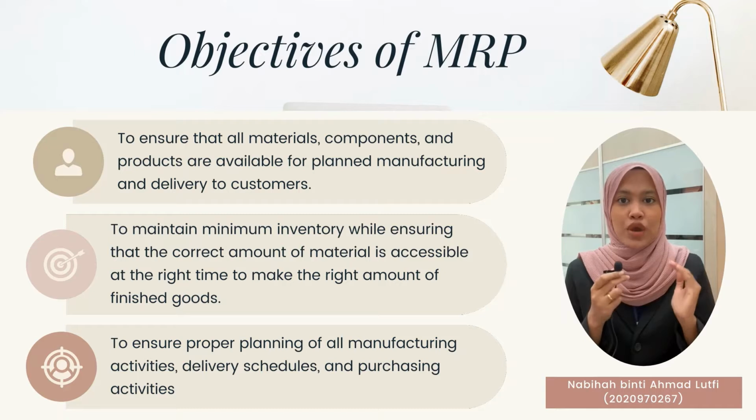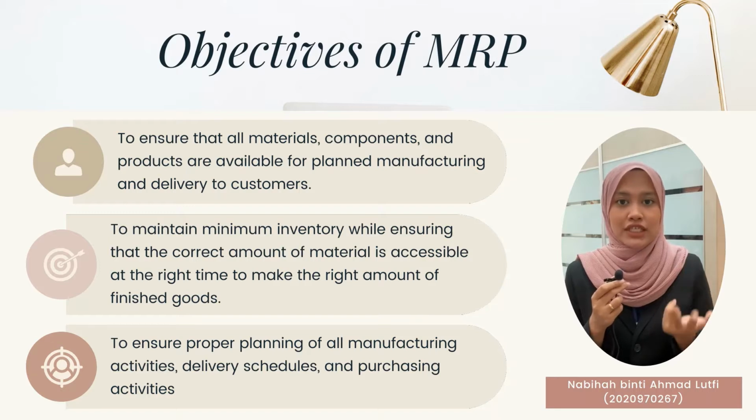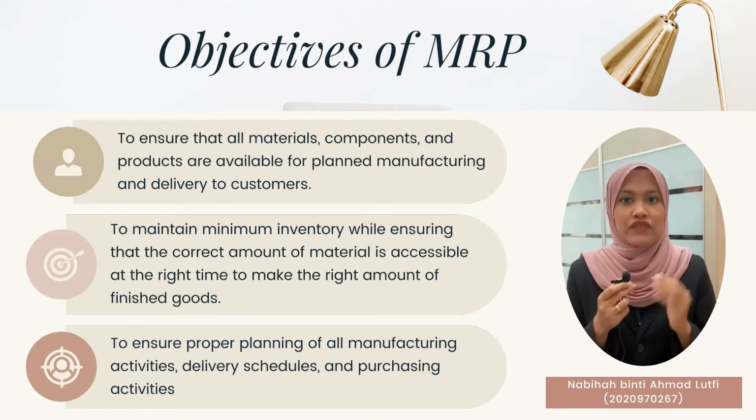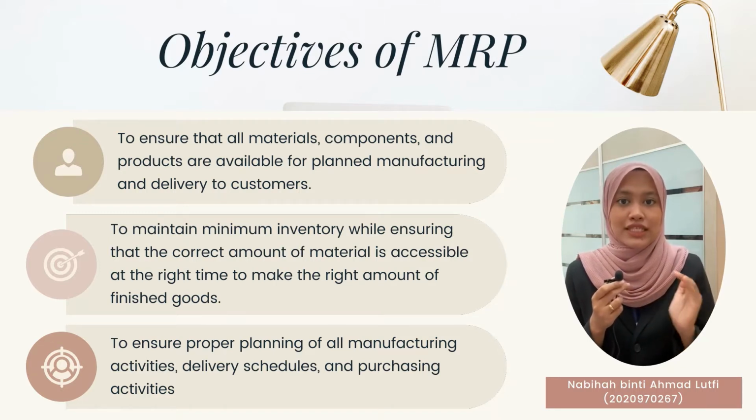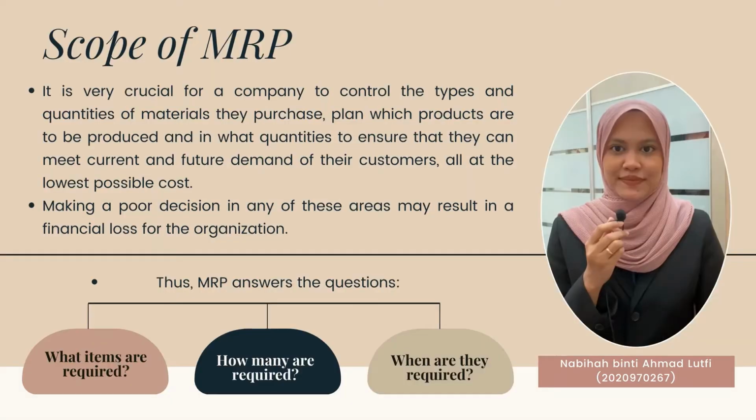And lastly, to ensure proper planning of all manufacturing activities, delivery schedules, and purchasing activities, so that different job tasks are scheduled in such a way that idle time for machines and workers is minimized or eliminated.